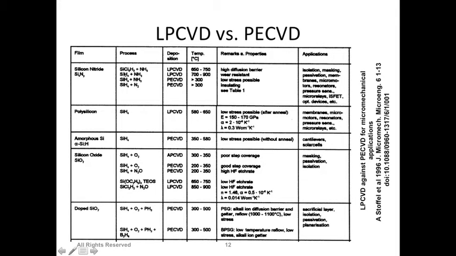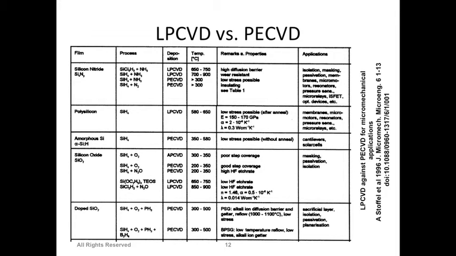These are gaseous precursors which are used, so you don't have to memorize anything except what we are discussing right now. You don't have to memorize, if we are depositing silicon dioxide, what gases I need to use. The table is there, you can always look at the table, and I will not ask you a question about it.